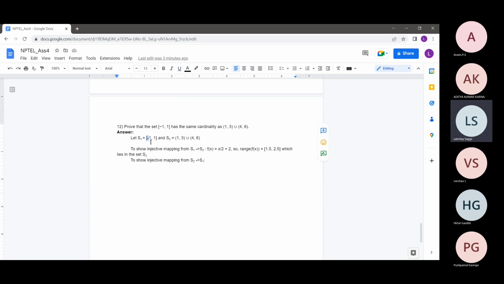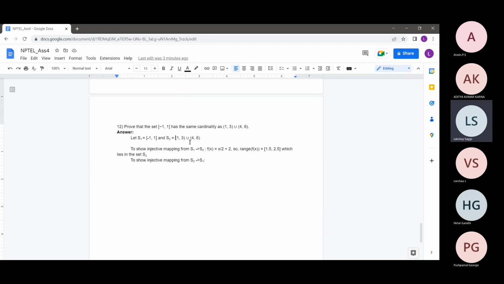So if f of x was x plus 2, then it would contain the value +1 also, and it would contain the value +3 also. But here the set S2 does not contain the value 1 and 3. Since the intervals are open at 1 and 3, it is not closed brackets. So f of x equals x plus 2 won't work here.